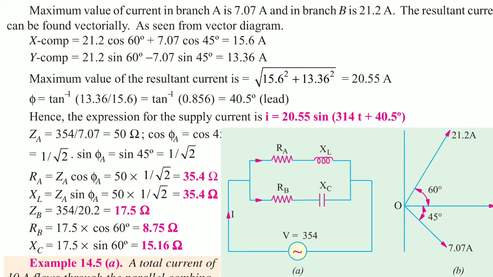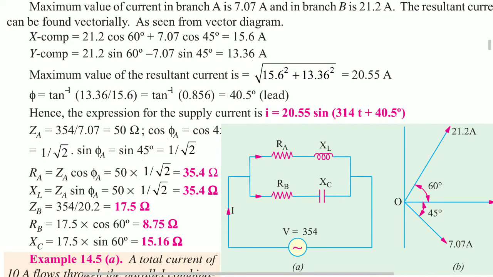Now how can we calculate phi? Phi is the y component divided by the x component. From that, phi is equal to tan inverse of 13.36 by 15.6, that is tan inverse of 0.856, which is 40.5 degrees.